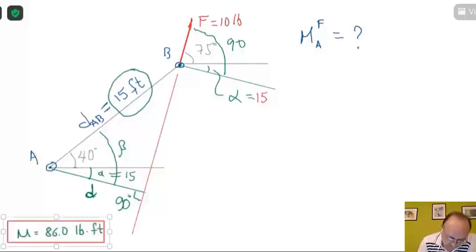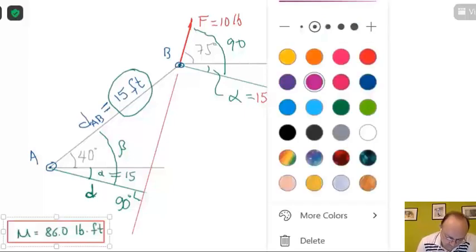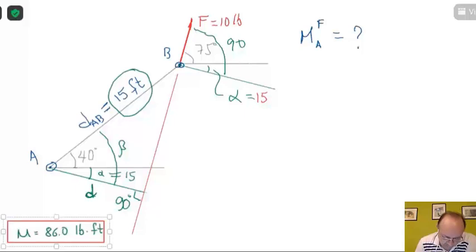So now we're going to take the components of this force. One component in the direction of the line that goes from A to B, and another component perpendicular to that direction.